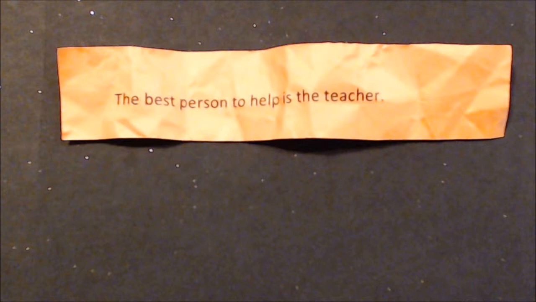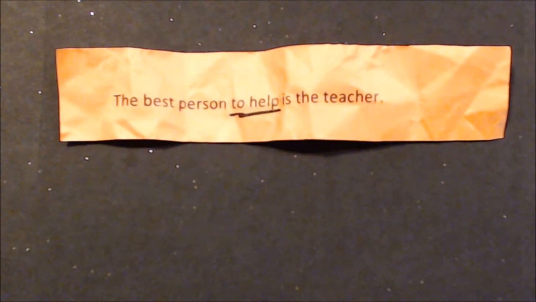Let's read this sentence and discover how it's being used. The best person to help is the teacher. Okay, first step, I need to find the infinitive. That's to plus the verb. I see to help. Let's go ahead and underline the infinitive to help. Whoa, wait a minute.